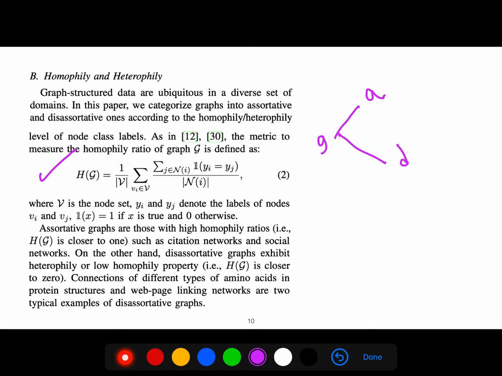Associative graphs are those with a high homophily ratio, for example, where this value, h of g, is closer to 1, as in citation networks and social networks. On the other hand, a disassociative graph exhibits heterophily or low homophily, which is closer to 0. For example, connections of different types of amino acids in protein structures, and web page linking networks are two typical examples of disassociative graphs.